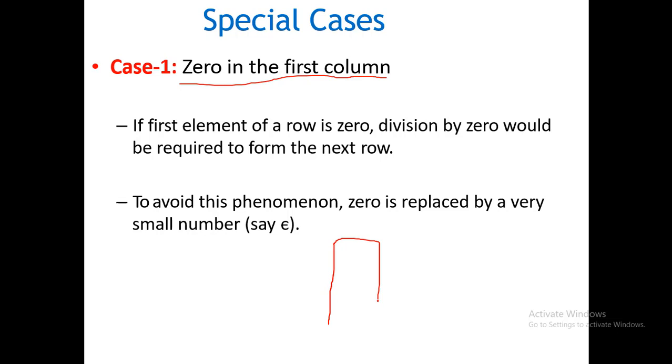This is the first special case, and you can solve it by substituting this zero with epsilon. This epsilon is basically a very small number, and you can replace the zero by epsilon.